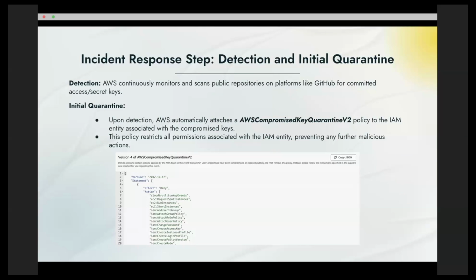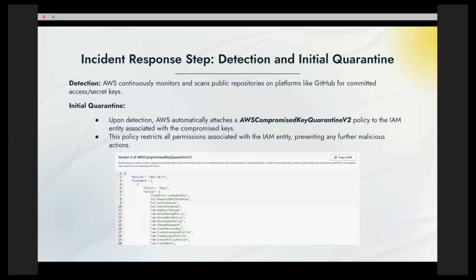Remember, in the first section on indicators of compromise, we saw AWS outreach, where the AWS team reaches out to you with an email communication suggesting that one of your resources is compromised and can be used for unauthorized purposes.